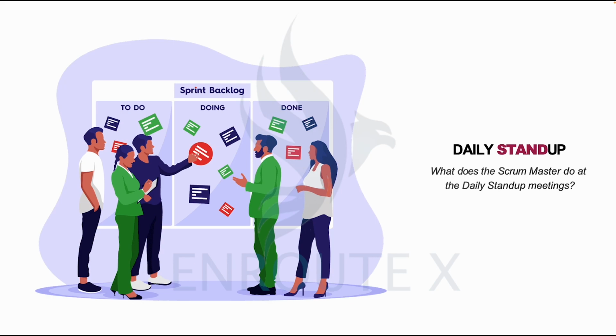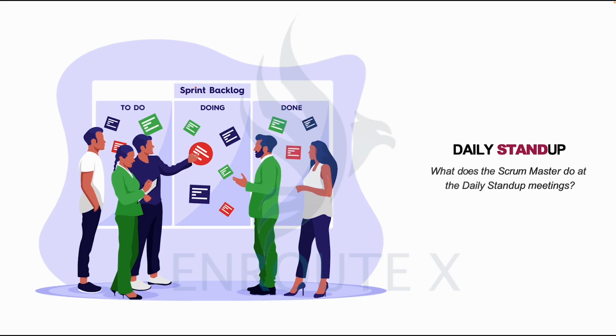But in practice, product owners often come to daily stand-up. In actual sense, the product owner could have a loud voice during the daily stand-up. When we get to practicals, we'll be expanding more on those.